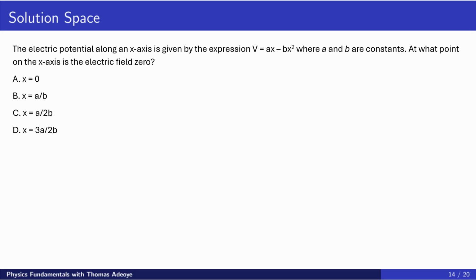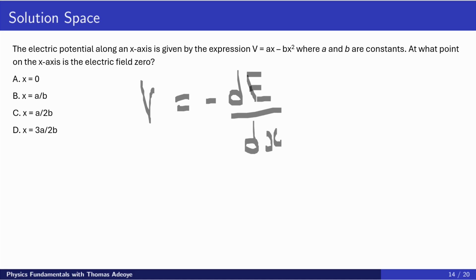So the relationship is V, electric potential, is equal to negative dE dx, where E is electric field, and V is the electric potential.